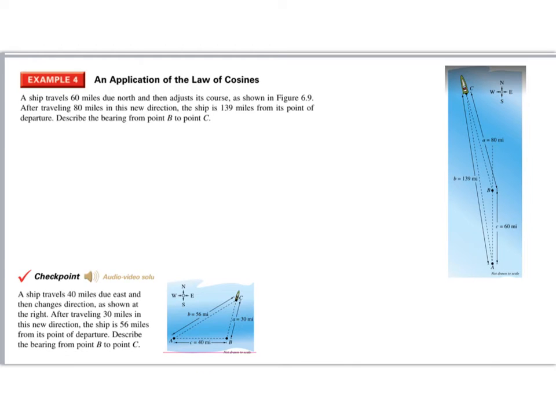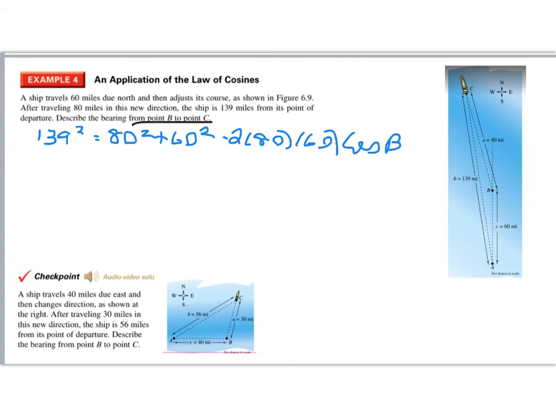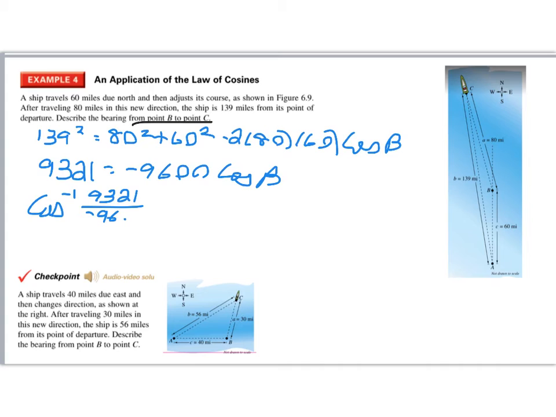So all we're going to do is figure out the bearing from point B to C. So we need to find the cosine of B. We're going to go B squared, which is 139 squared, equals 80 squared plus 60 squared minus 2 times 80 times 60 times the cosine of B. Do all the math, and we get 9321 is equal to negative 9600 cosine of B, which means we're going to do the cosine inverse of 9321 all over negative 9600.